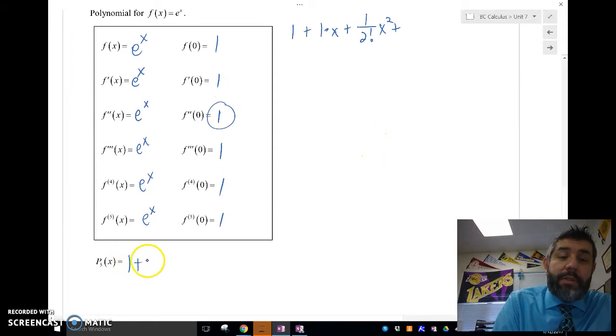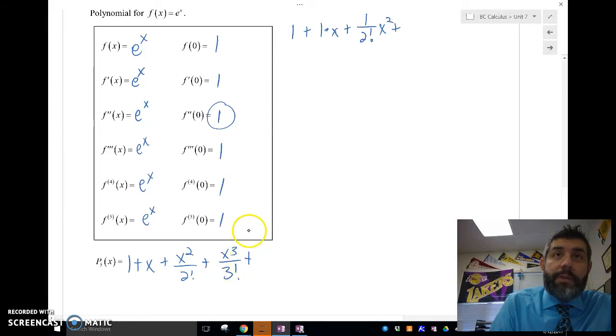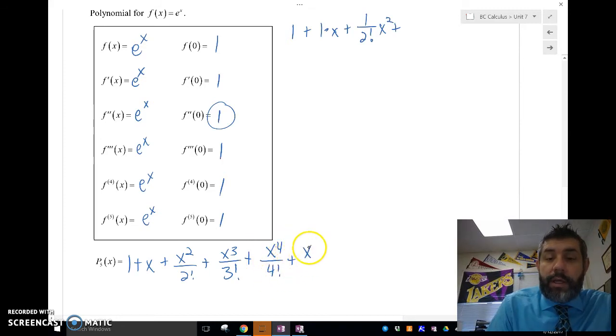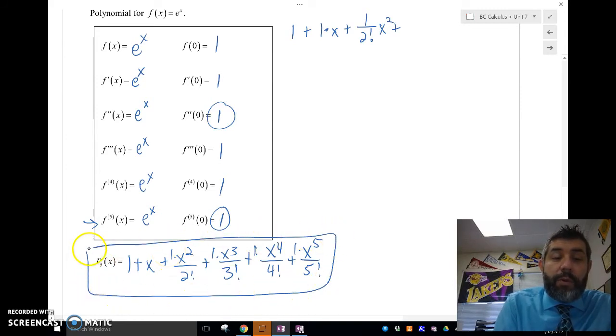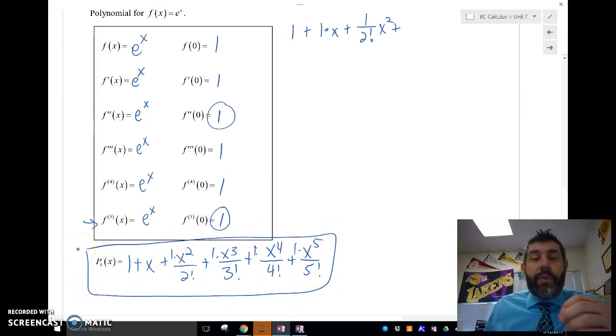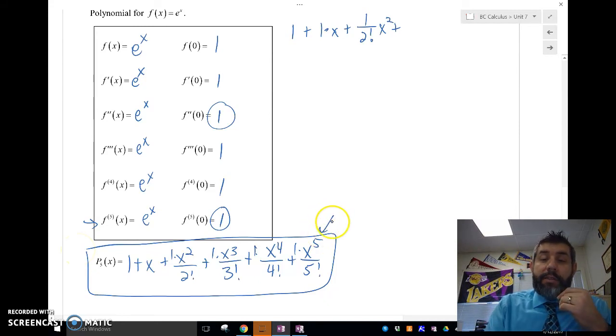So I have 1 plus x plus x squared over 2 factorial plus x cubed over 3 factorial plus x to the 4th over 4 factorial plus x to the 5th over 5 factorial. I'm going all the way up to here, and my 1s are right here too: 1, 1, 1. This is my fifth degree Maclaurin polynomial, fifth degree because I have x to the fifth, right?